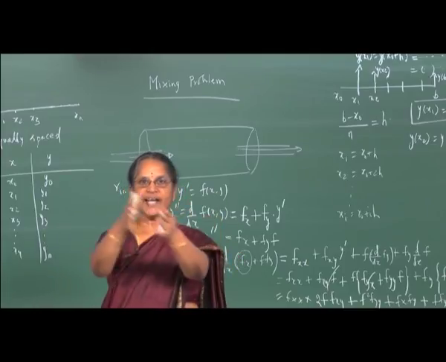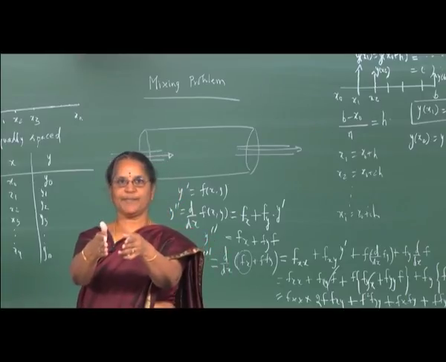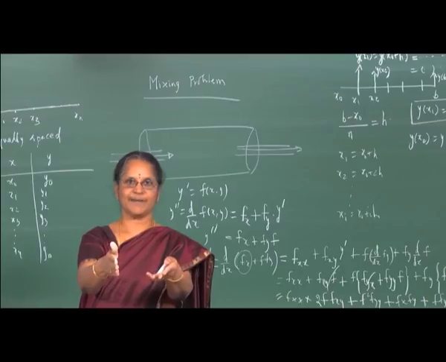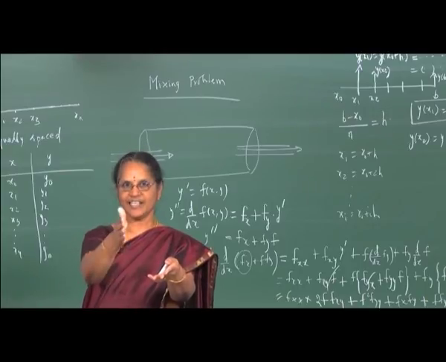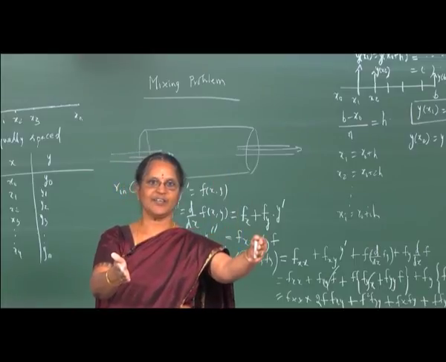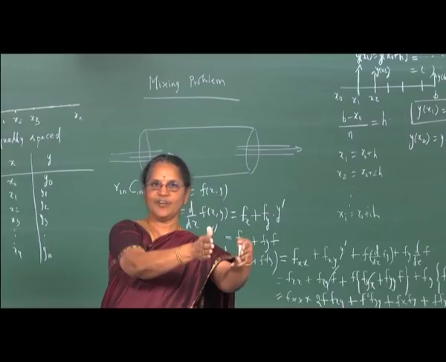So, we can move ahead from one step to another step using the information available to us at the previous step and compute the solution at this step. Namely, if I have information at x naught which is given by the initial condition, I use Taylor series method of order n, get the solution at x1.